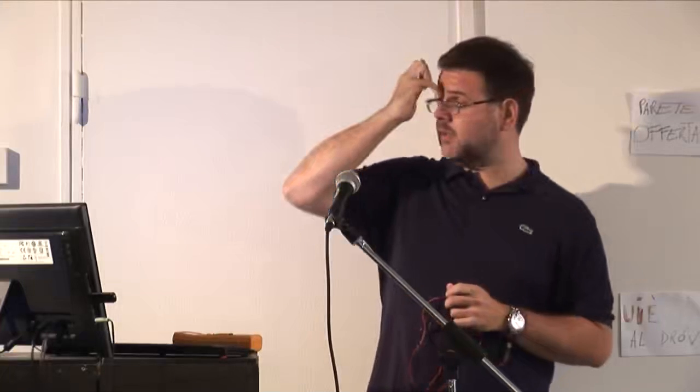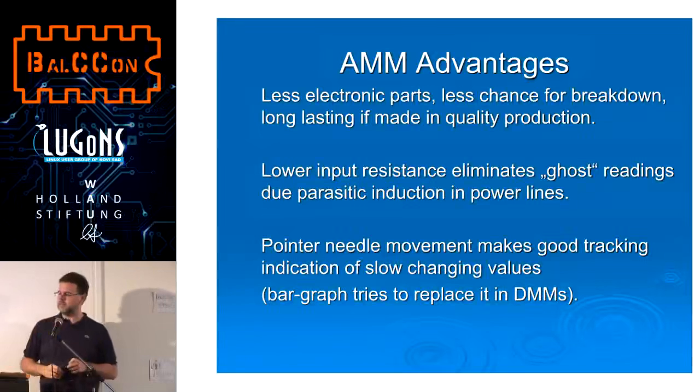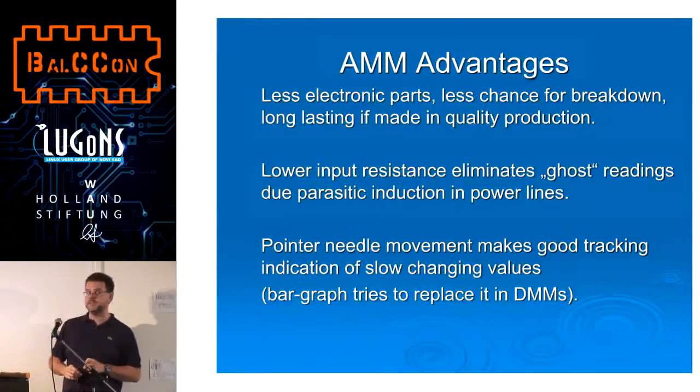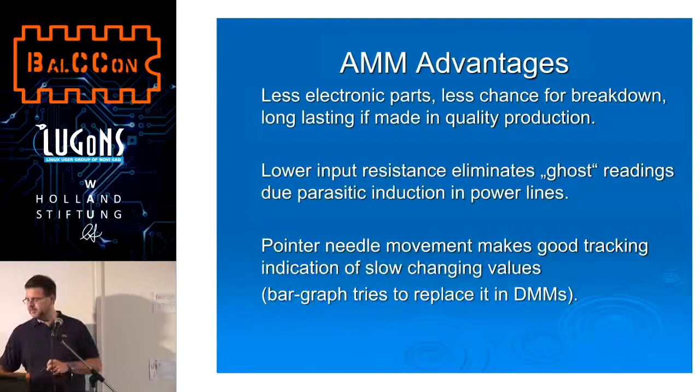Why are analog multimeters useful? Well, they have low input resistance, and that's useful when measuring some lines with parasitic induction. Doesn't matter.